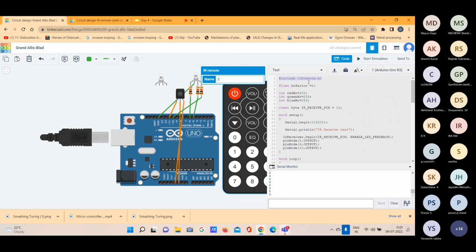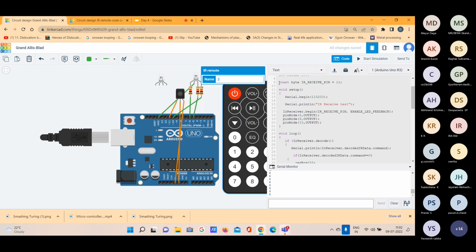This is the IR remote library, included so that the compiler knows we can use the functions of this library. And we have defined this as a const byte. We need this syntax for it.